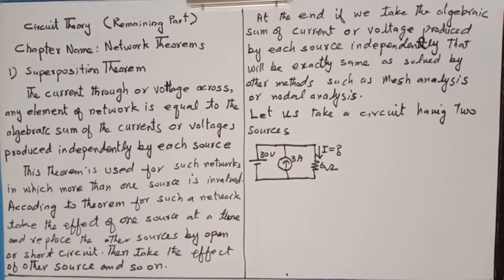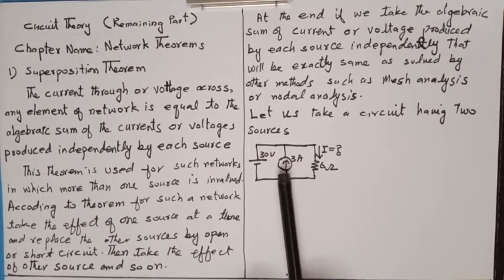Now the superposition theorem is also used for the same type of networks, but it gives us an easy way to solve such circuits. Basically, the superposition theorem tells us that if you have a circuit in which there are more than one source, like this circuit where there are two sources, then you take the effect of one source at a time and neglect the second source.